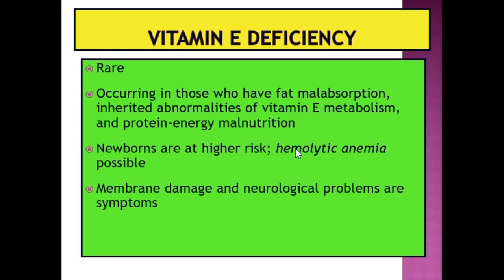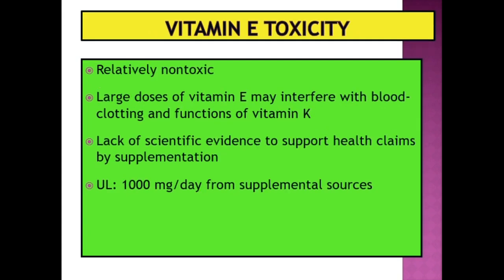The newborn baby is at higher risk of this problem if they lack vitamin E. Membrane damage and neurological problems are also symptoms of vitamin E deficiency. Relatively, vitamin E is non-toxic if we take a lot.